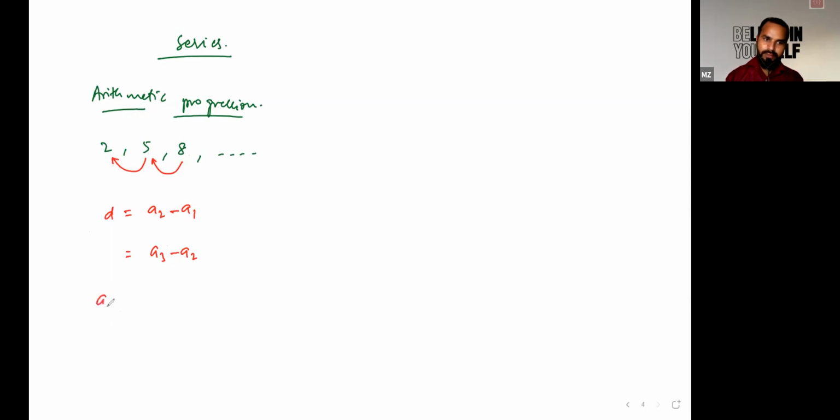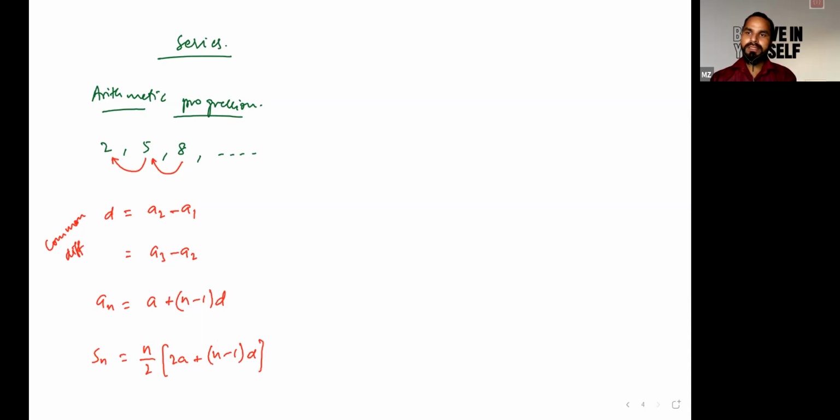The formula for the nth term is a plus (n minus 1) into d, where a is the first term, n is the number of terms, and d is the common difference. Sum of n terms would be n by 2 times (2a plus (n minus 1) d).